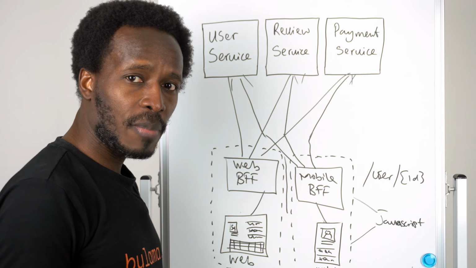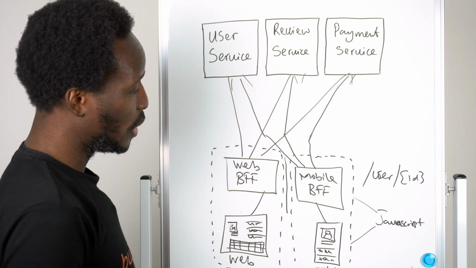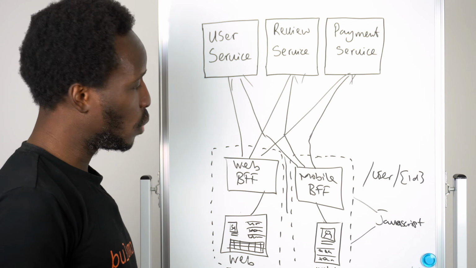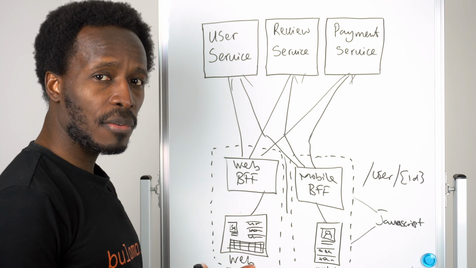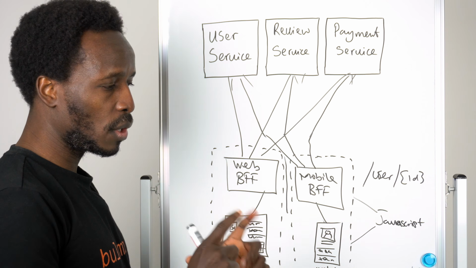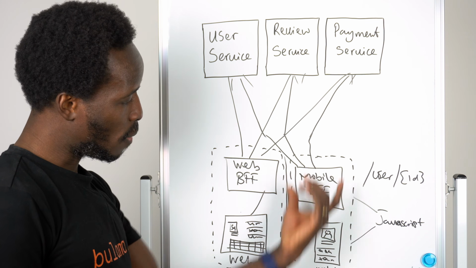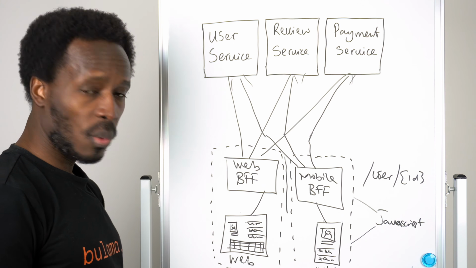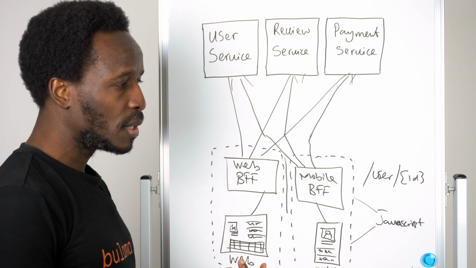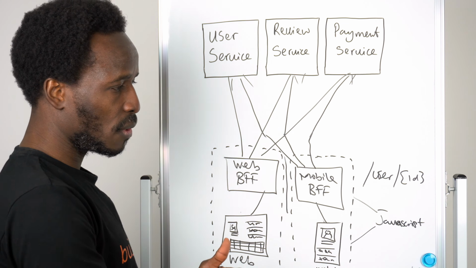So how is the BFF pattern different from the API gateway? With an API gateway, you need to handle multiple clients. But with the BFF, you have a single type of client for each BFF. Mobile BFF for the mobile app, web BFF for the web client. And if you have IoT devices, you could have a BFF for that.